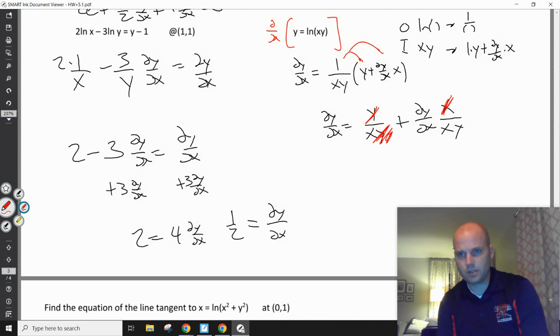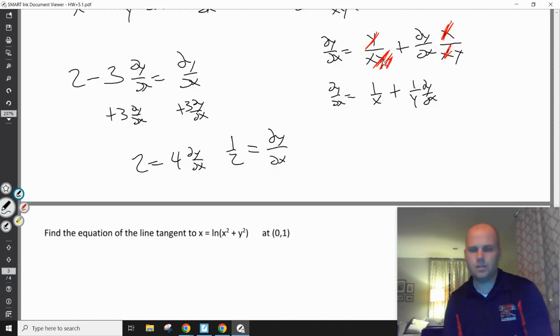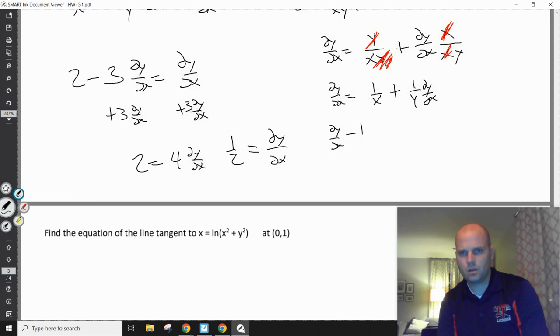These x's cancel. So subtract dy dx times 1 over y.